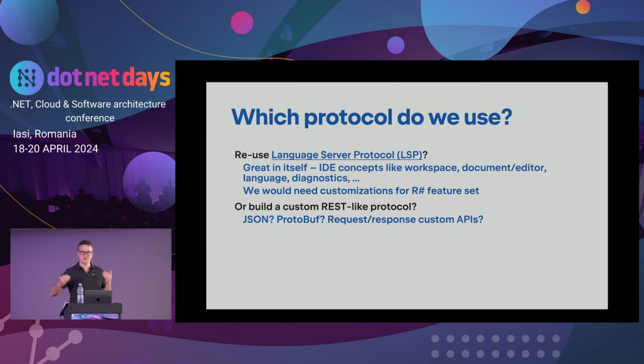And essentially, we want to get the best of both products and not some subset of whatever is in there. LSP, really cool, also allows you to do customizations and extensions on top of that protocol and so on. But we thought, OK, if we have to, from the start, customize this thing so badly, maybe we shouldn't use it and build our own thing. Also, at JetBrains, we like building our own thing, so that's another reason.